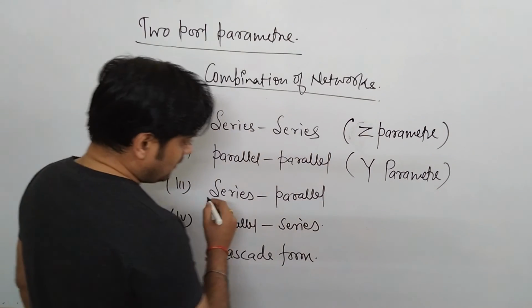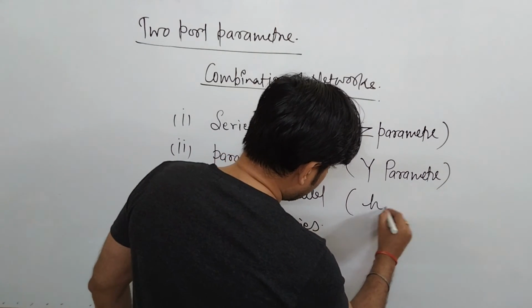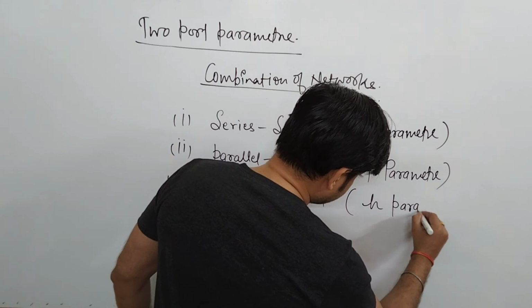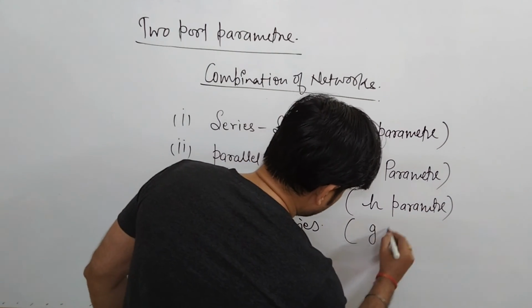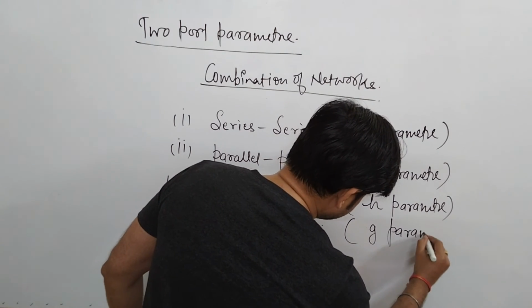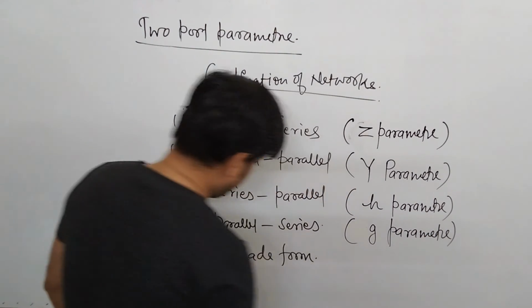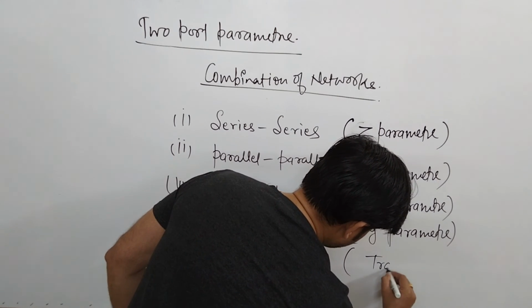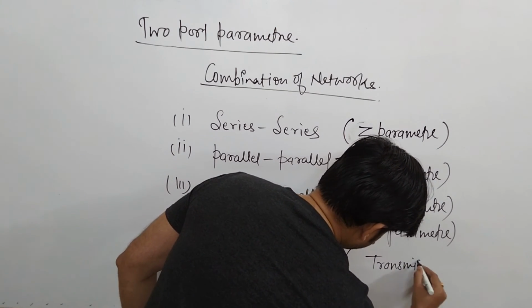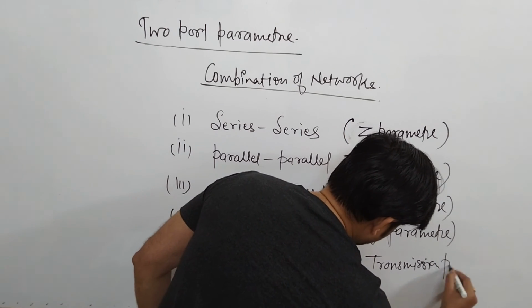Okay. When it is series parallel, we always go for H parameters. When it is parallel series, we go for G parameters. And when it is cascade, we go for our transmission parameters. Okay.